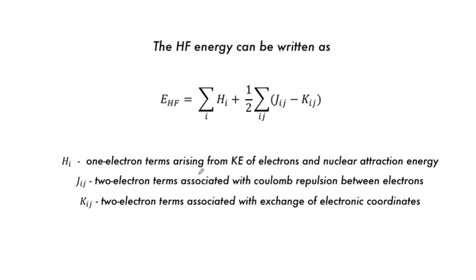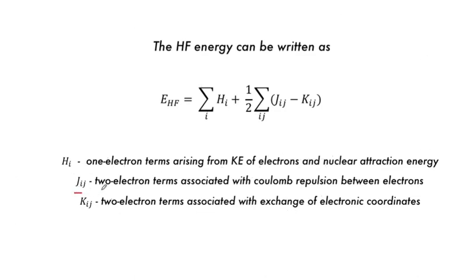So H_i, the one electron term arising from the kinetic energy of electrons and nuclear attraction energy. J_ij, so i is one particle, j is the other, in this case electrons, two electron terms associated with the Coulomb repulsion between electrons, and K_ij is the two electron terms associated with exchange of electron coordinates.